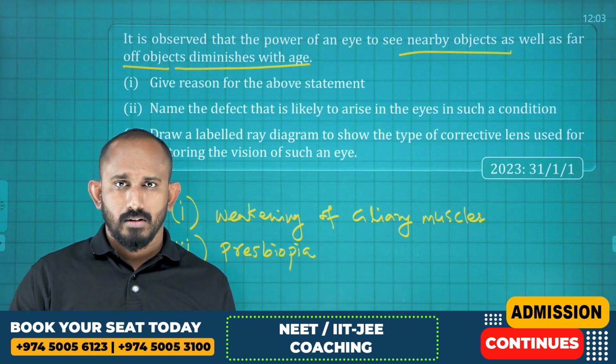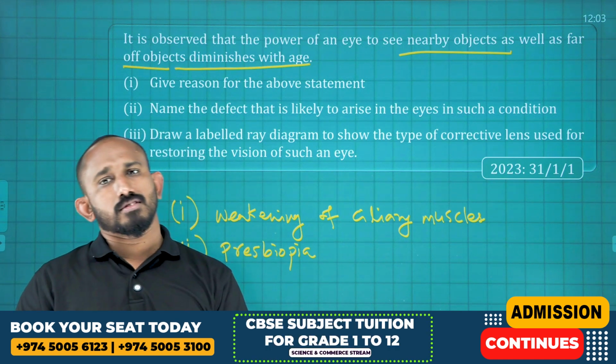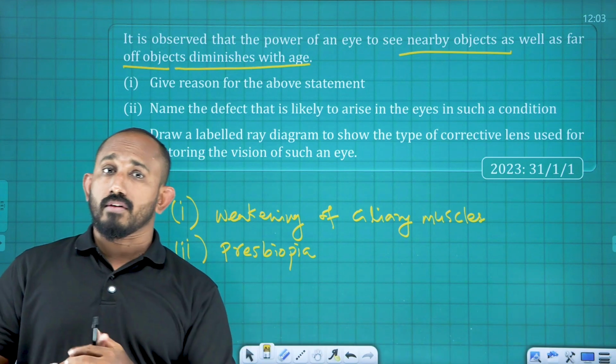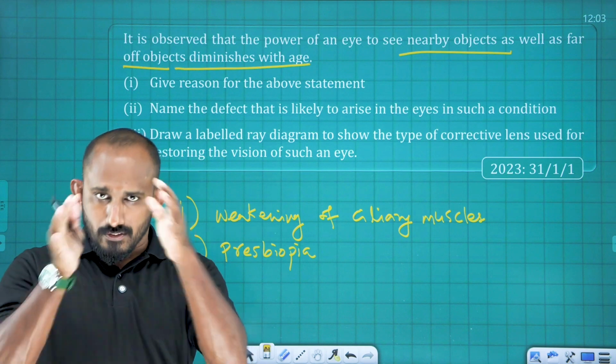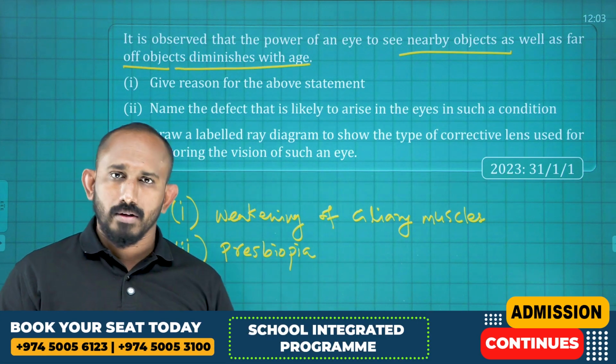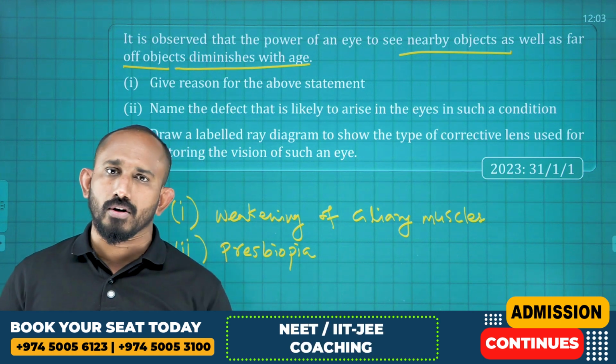To clear distant vision, that is a concave lens. To clear near vision, you have to use a convex lens. So those 2 figures you have to draw. We already showed that figure, so copy the same diagram here also. Got it? Myopia and hypermetropia, those 2 figures you have to draw separately.